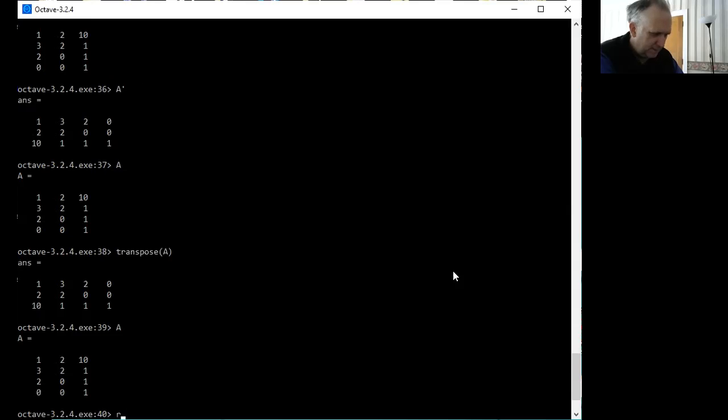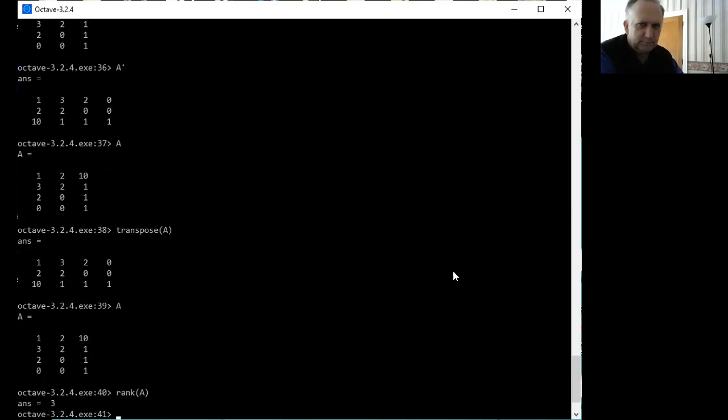What do you think the rank of A is? 3, right? Yes. You just made that up. It'd be very strange if it weren't 3. Now, what's a projection matrix that projects vectors in R4 onto the column space of A?